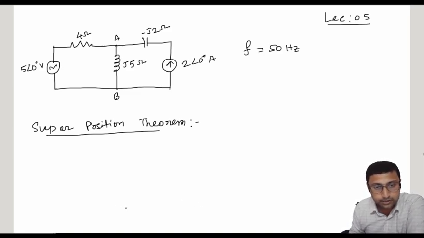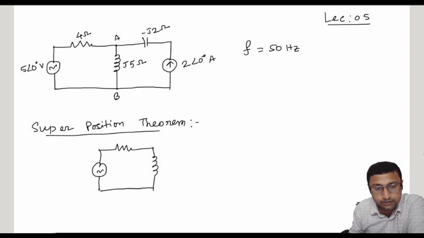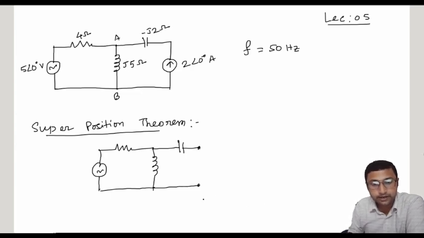If I redraw the figure, this is the figure, and this terminal is left open. Now I have to find the current through this terminal, which in our previous problem I marked as IL1.